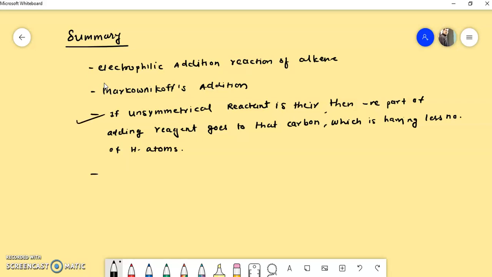So this is the Markovnikov rule, and the addition takes place as per this rule.